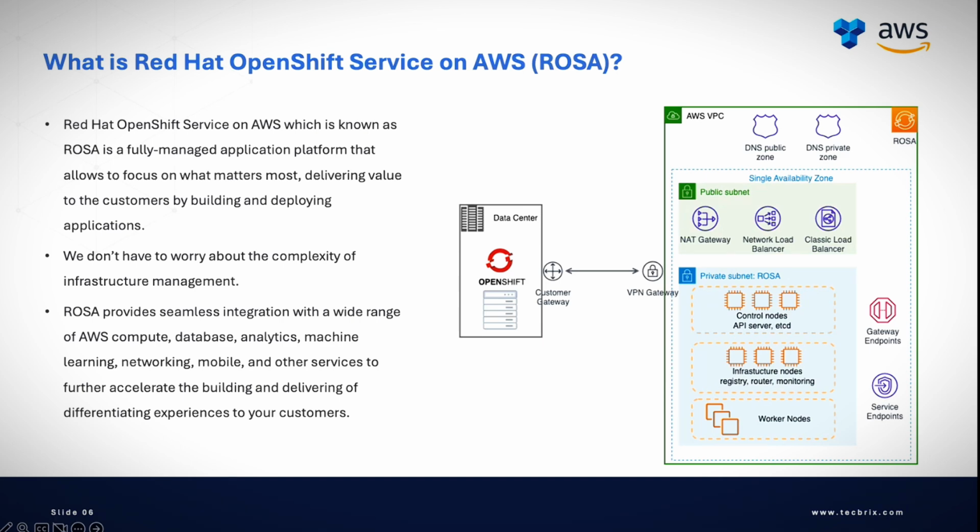It's the Red Hat OpenShift Service on AWS, which is known as ROSA, right? It's a fully managed application platform that allows you to focus on what matters the most, which is delivering value to the customer by building and deploying their applications.